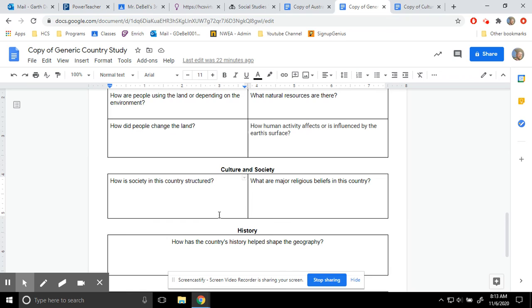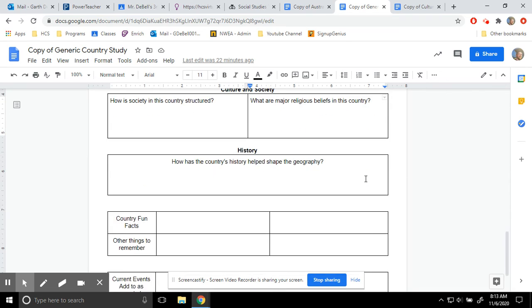We're going to be much closer to Australia than we are to Saudi Arabia. Major religious beliefs, we just went over that, right? So that's going to be the religion section. You're just going to break it down, give me the top 3 or so religious beliefs.